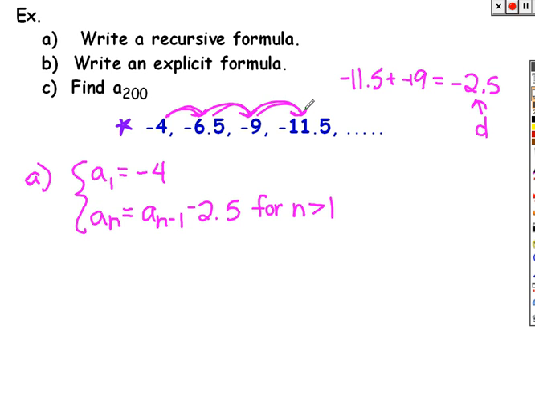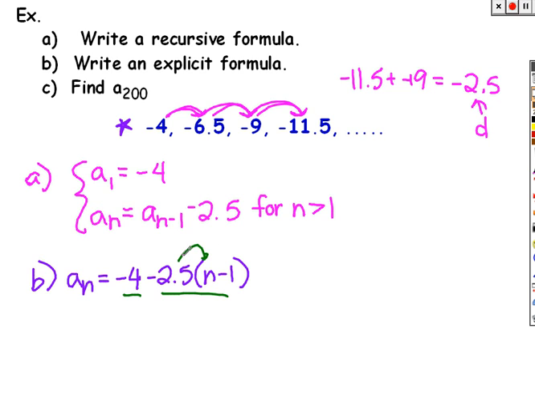For the explicit formula, maybe you started here, so this is my starting amount. I'm subtracting 2.5 n minus 1 times. You know, if you distributed this out, you would get kind of the other form, that y equals mx plus b form that I talked about. So if you distribute this, this would be another answer, negative 2.5.